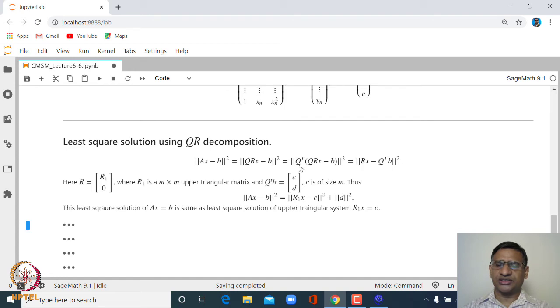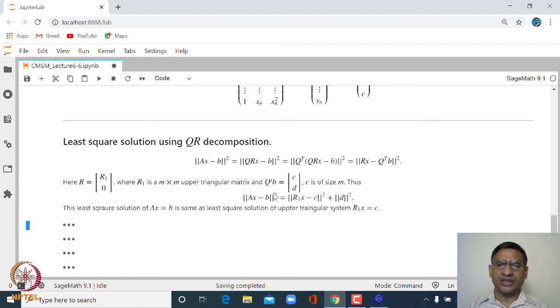So, this reduces to the norm of Rx minus Q transpose b the whole square. Now, this least square problem Ax equal to b has reduced to solving Rx equal to Q transpose b. Since R is an upper triangular matrix, this is the same as solving an upper triangular system, which is much easier.